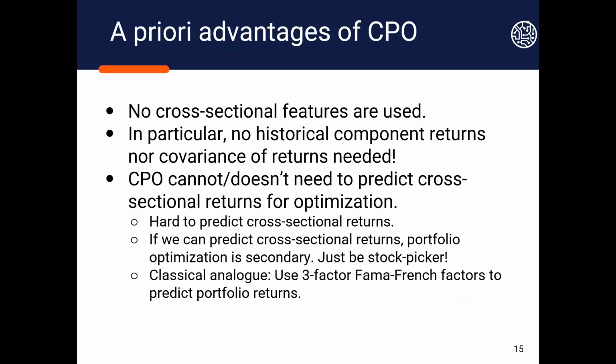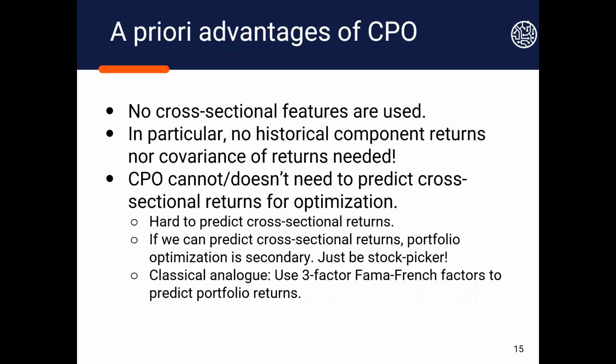They're making cross-sectional predictions. Well, needless to say, that is very hard. If you are actually good at cross-sectional return prediction, you don't need portfolio optimization. You should just be a stock picker. If you can predict that Tesla is going to go up 5% next week, whereas GM is going down 3%, you can use that information to directly make a pair trade or make it into a stock selection model.